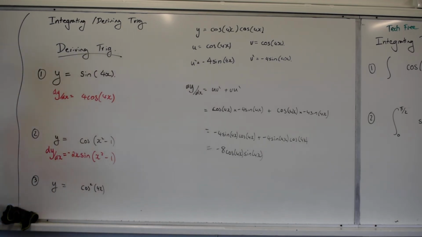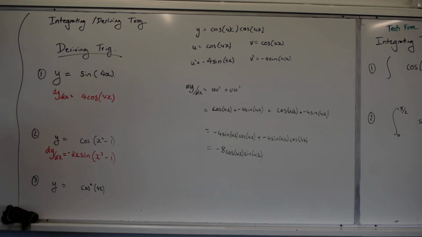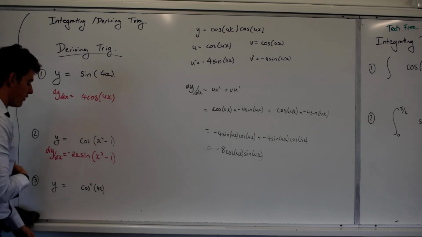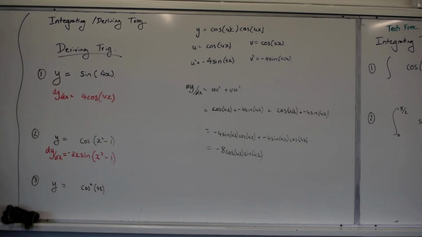Sweet. If I had done the chain rule, do you want to do the chain rule? You're all good? u would equal cos 4x, y would equal u squared. You get 2u times the derivative of cos 4x, which is negative 4 sine x.